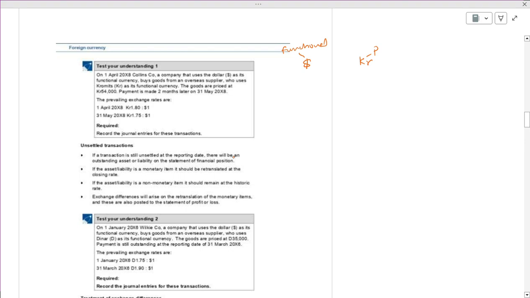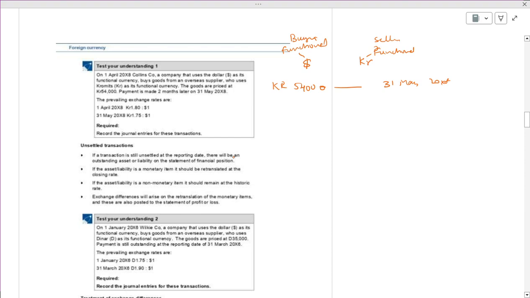The company buys goods from an overseas supplier who uses the krona as their functional currency. For them the functional currency is different, for you it is different. You are buying and he is selling. The goods are priced at KR 54,000. Payment is made after 2 months, on 31st May 2008.